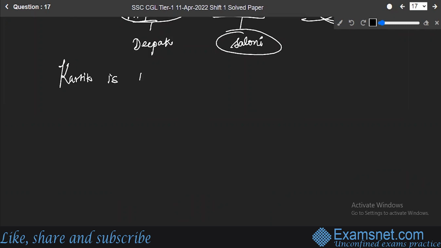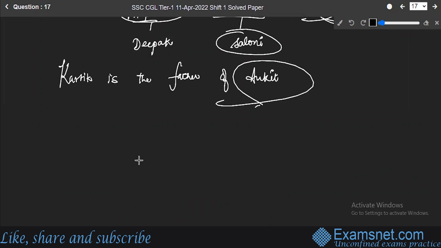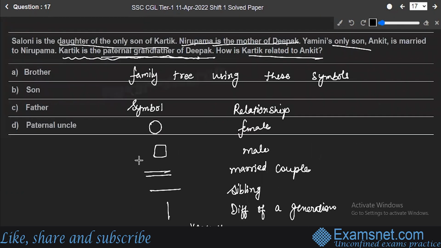Karthik is the father of Ankit. Right? Let's check the options, which is the correct one. I hope you can clearly say his father. So option C is the correct answer for this question.